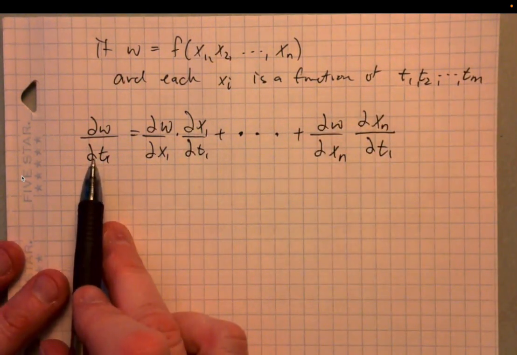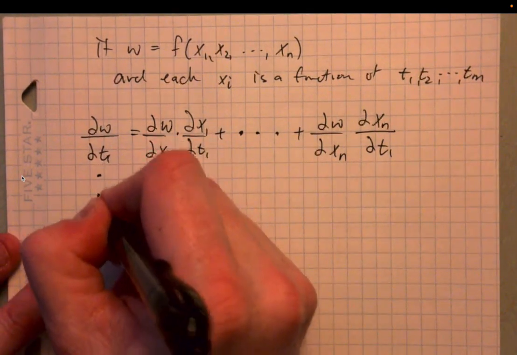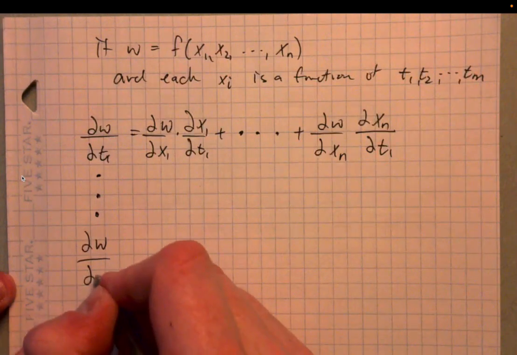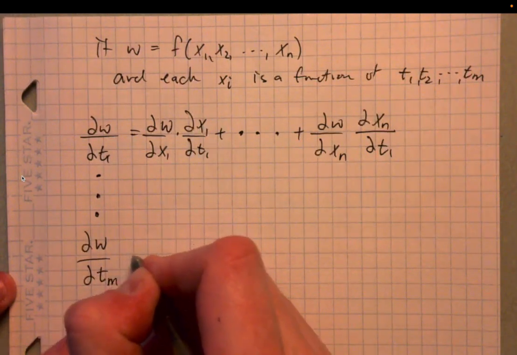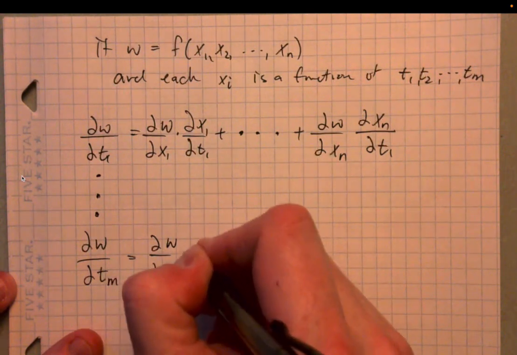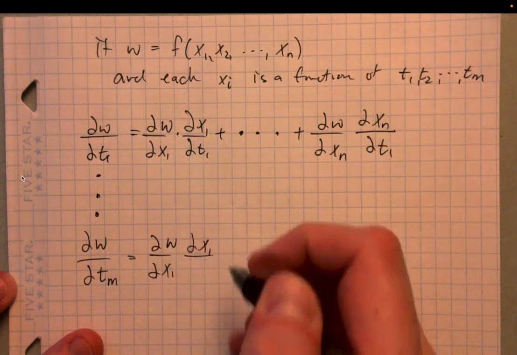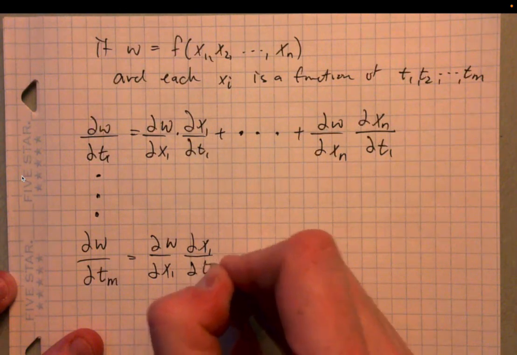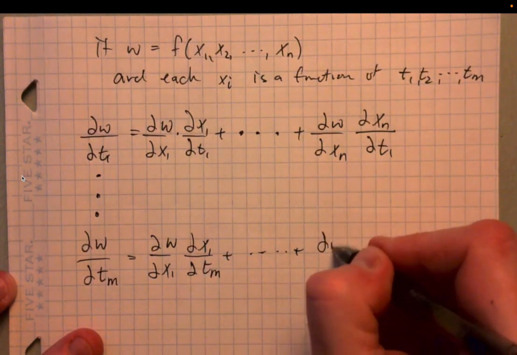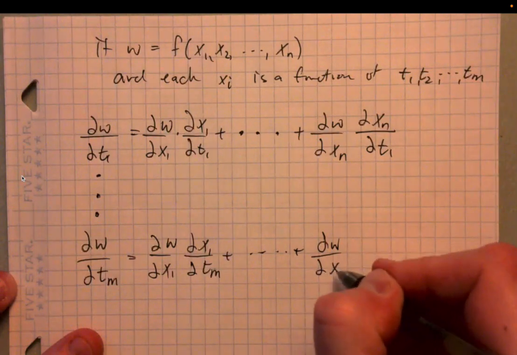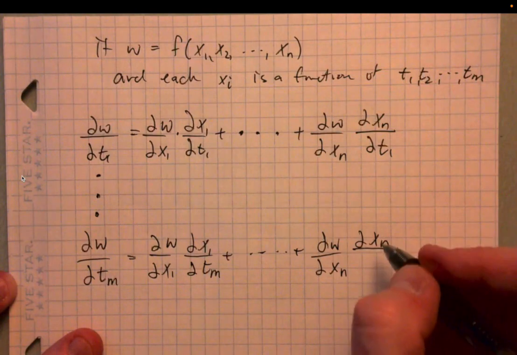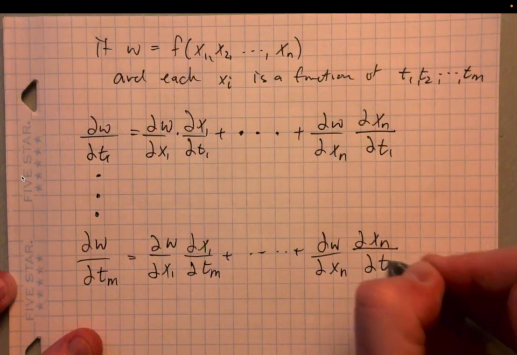That's the first one, and then this would go on and on until you got the partial of w with respect to tm, and that would be equal to the partial of w with respect to x1 times the partial of x1 with respect to tm plus, and so on, plus the partial of w with respect to xn times the partial of xn with respect to tm.